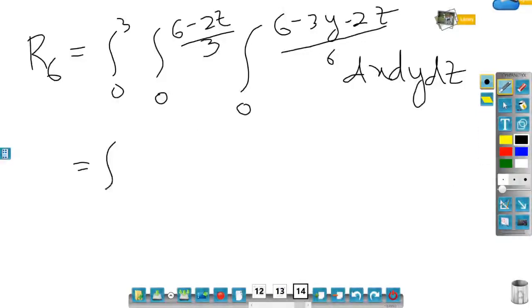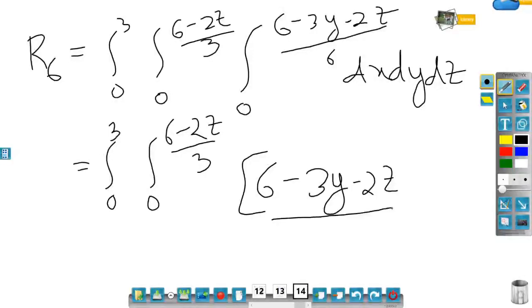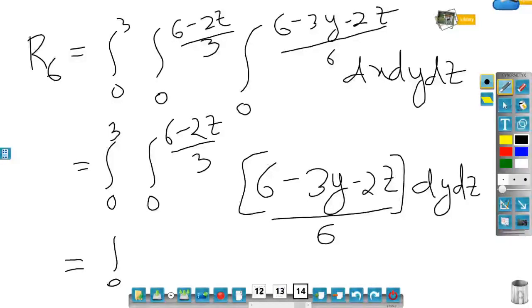This is same as 0 to 3, 0 to 6 minus 2z divided by 3. This integration with dx is x only, upper limit minus lower limit. So 6 minus 3y minus 2z divided by 6 minus 0, so that will not come into picture. So dy dz. Now this is further equal to 0 to 3.